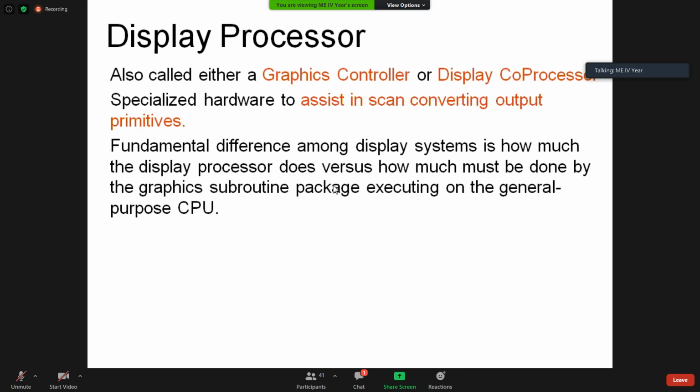So here, in the second last but one sentence, how much must be done by the graphics subroutine package executing on the general purpose CPU? That means the more efficient the system you take, the faster you get the results. Suppose you take a small component like this, it will take 5 minutes. Assume you take an automobile, a Maruti Swift car. You developed all the parts and do the analysis.